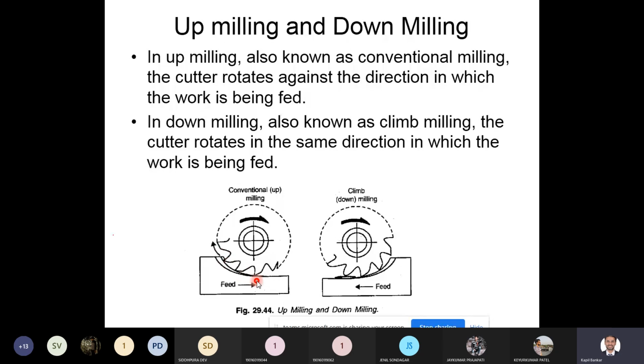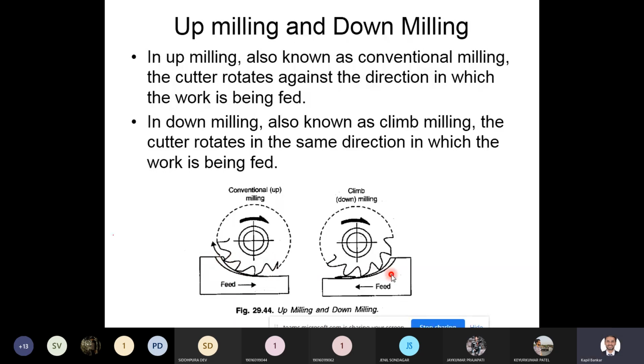So at the initial level chip thickness is minimum, and at the end of cutting chip thickness is maximum. Got it? At the initial level of cutting or shearing, chip thickness is very less, while at the end of cutting, where cutting is over because your workpiece ends over here, chip thickness is maximum.